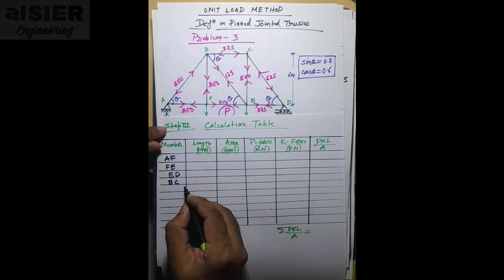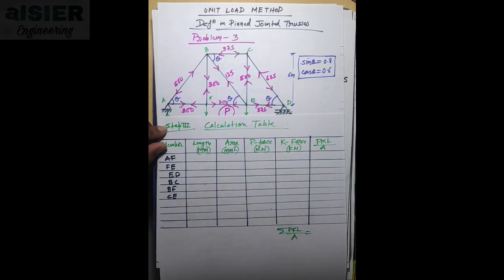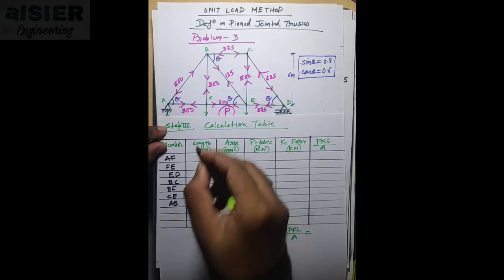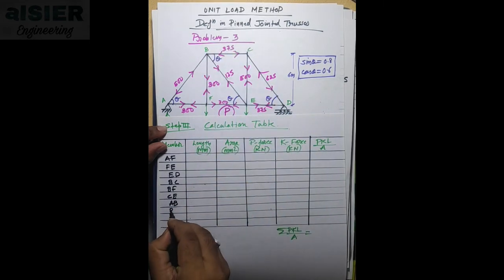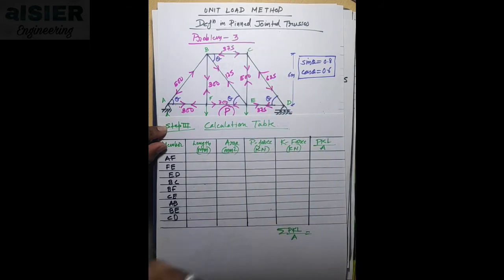Then vertical members BF, CE. Then inclined members AB, BE and CD.